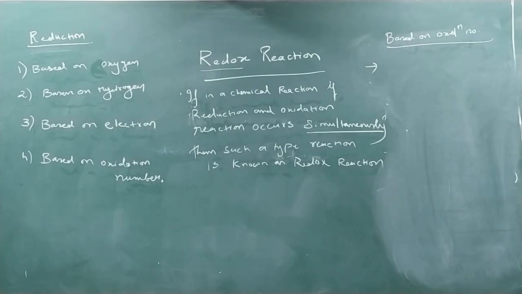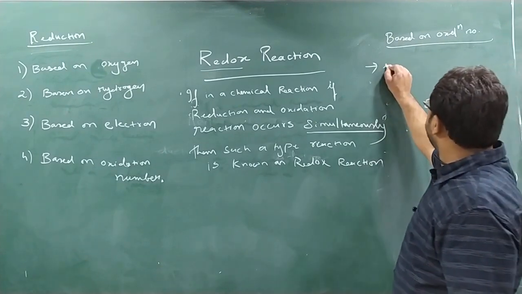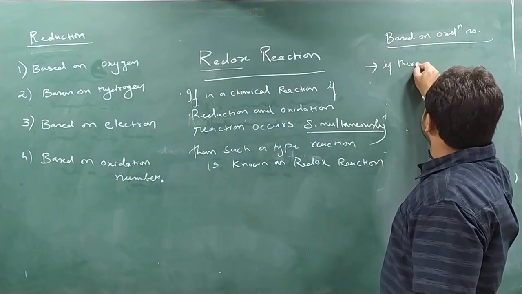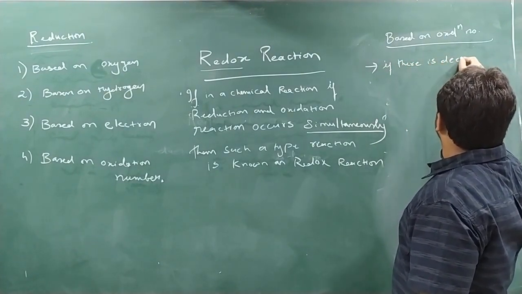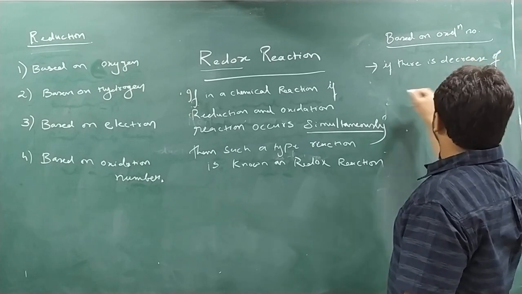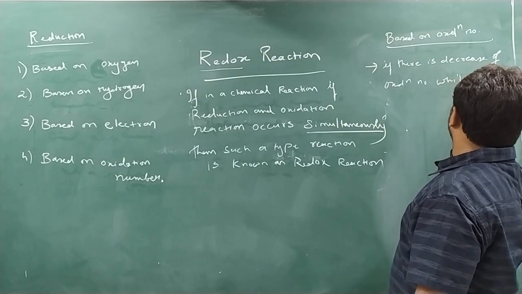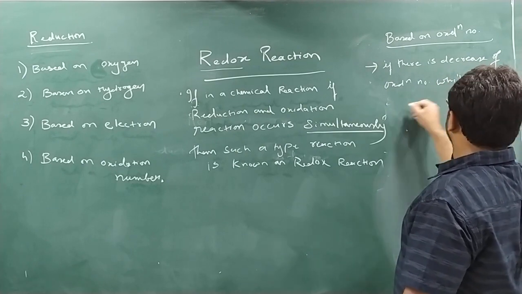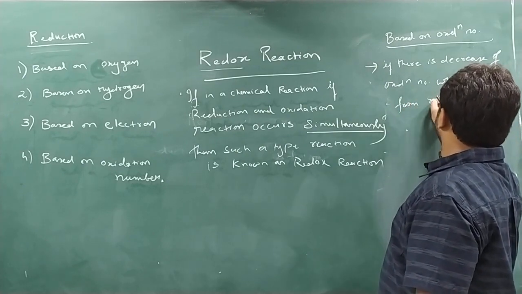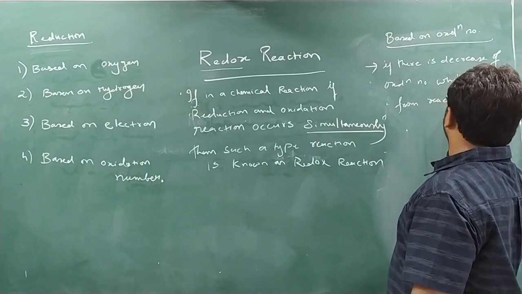In oxidation we have written if there is an increase of oxidation number while going from reactant to product. In reduction we do the reverse, that is, if there is a decrease of oxidation number while going from reactant to product.